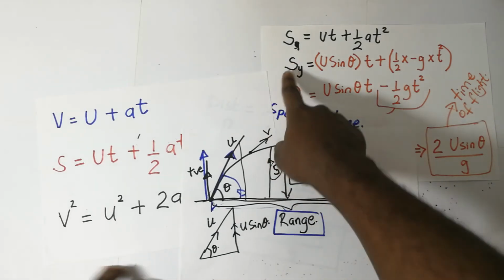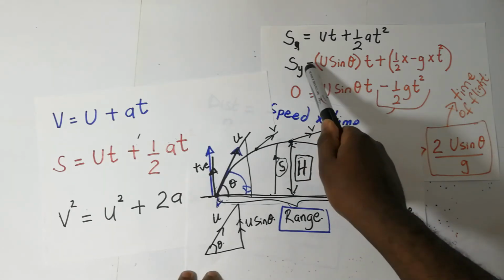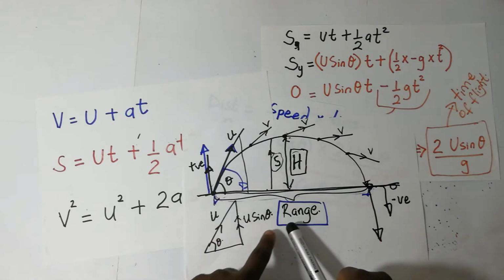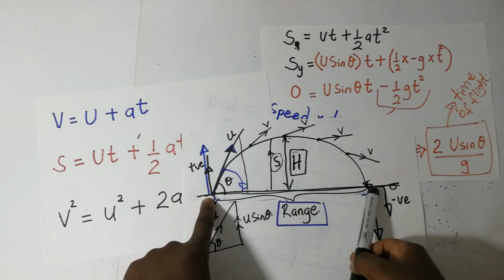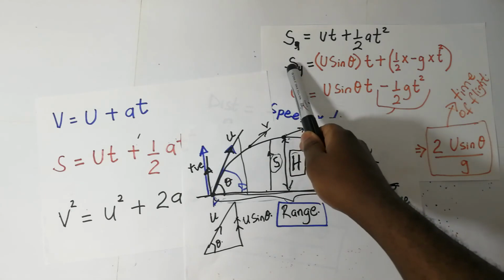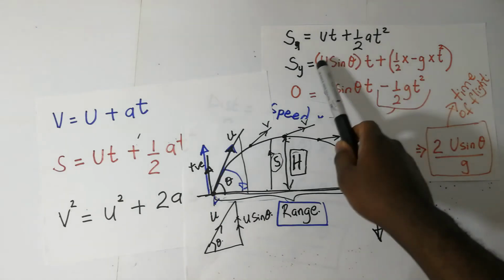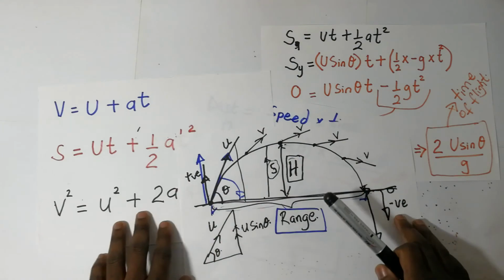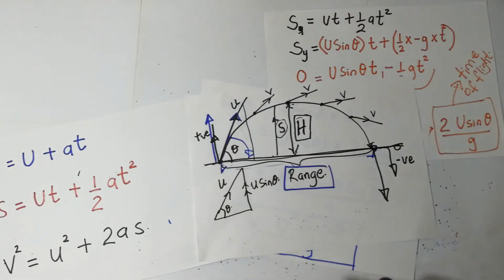That's why I put this as s subscript y, as in displacement in the y direction, and then we went ahead and did this. Now the distance covered in the x direction, the range, is the same as saying displacement in the x direction. So if we used this same expression for the distance in the x direction, you will see how we arrive at distance is equal to speed times time. Let me explain it further.